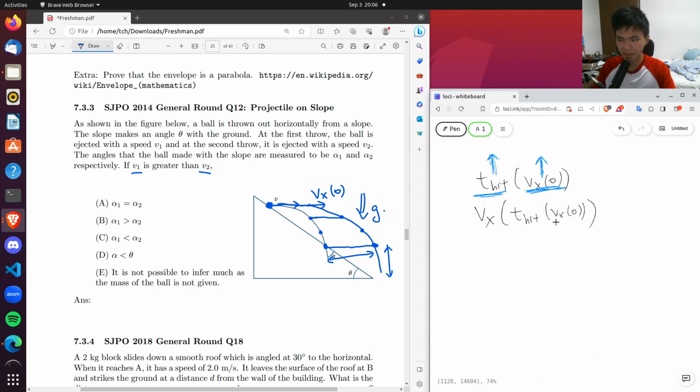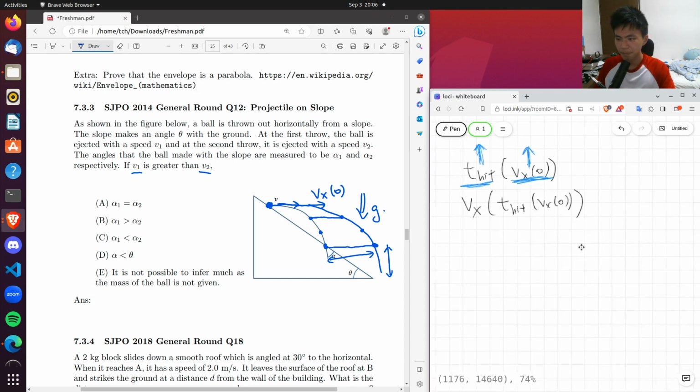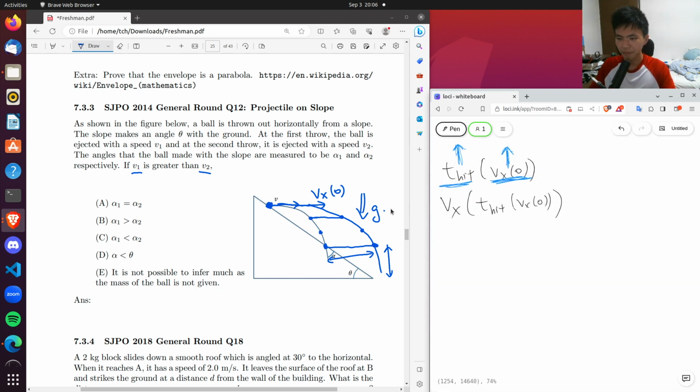Okay, how does Vx vary with respect to Vx naught? We can see that there's no horizontal acceleration. So Vx as a function of time is actually just constant and it's equal to the initial velocity. In other words, Vx doesn't depend on time.